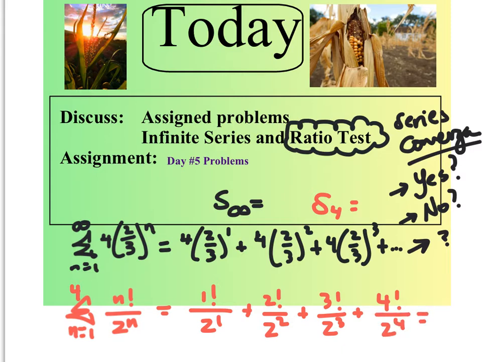And we could actually find that sum, seeing that it is a partial sum, not an infinite sum. Today we're going to learn, using the ratio test, whether or not that sum will converge.